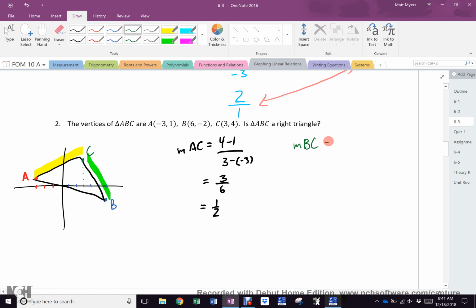Excellent. Now I got to do the same thing for BC. Can I count it on the graph? Yeah. Can I do it with algebra? Yeah. Does the teacher care which way you use? No. So go.